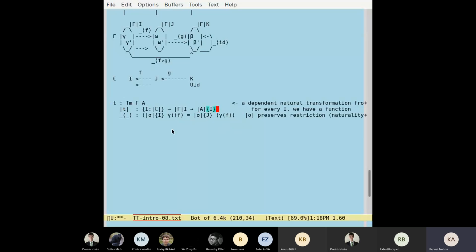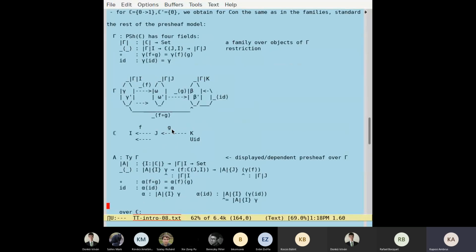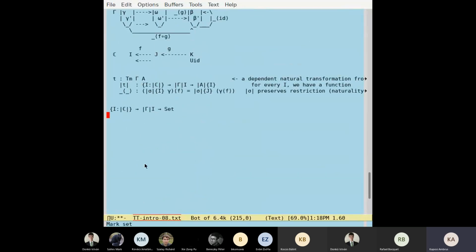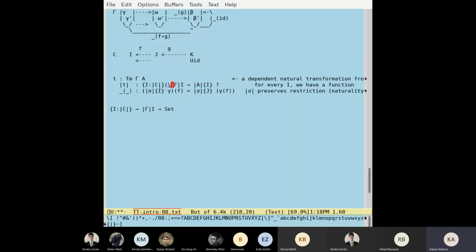But AI has this, let me just put here the type of this. So what is AI? A doesn't only depend on the object of the category, but it also depends on a witness of gamma at I. So here I need to also write a witness of gamma at I, but here I have it. So this is the input.